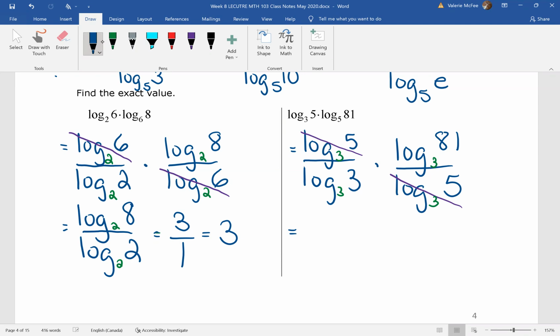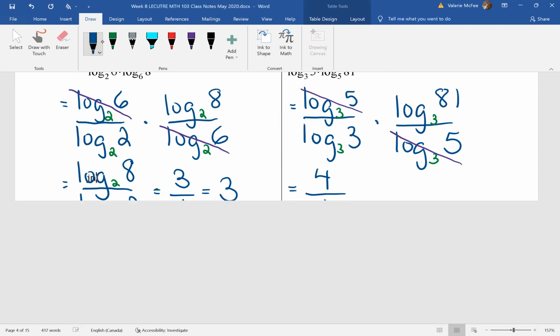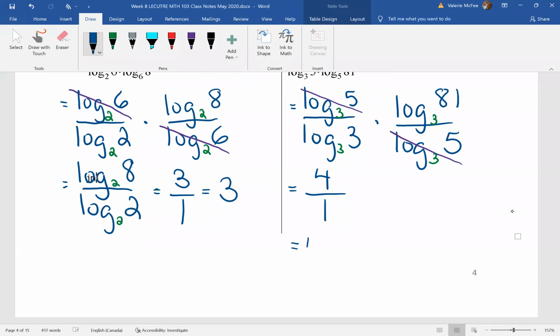Log base 3 of 81, 3 to the power of 4 equals 81. 3 to the power of 1 equals 3. This equals 4. Those questions take a little bit of practice. Find some of them in your homework or in your e-text.